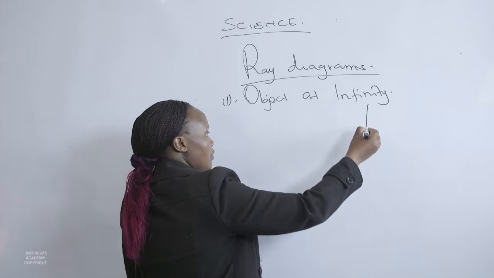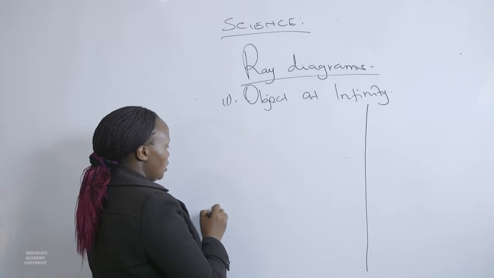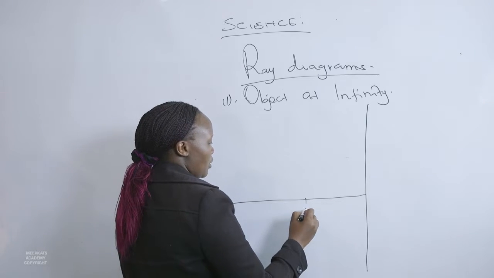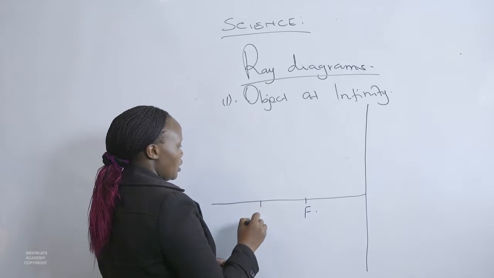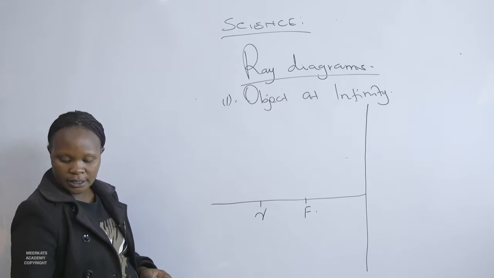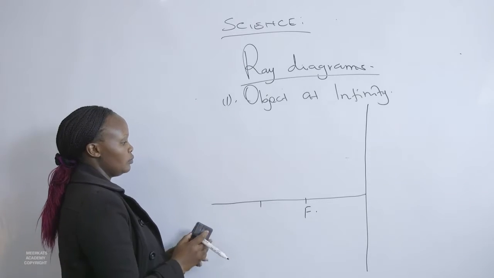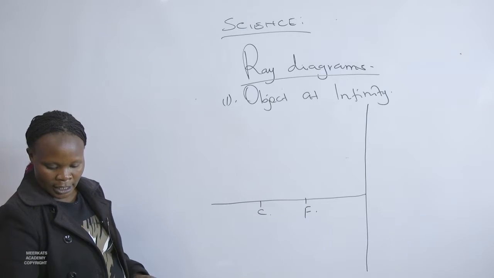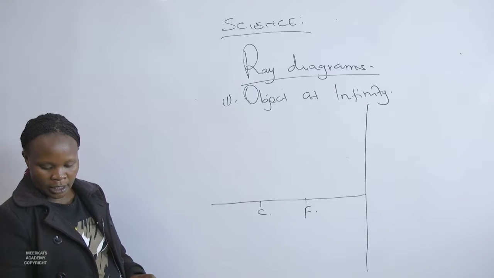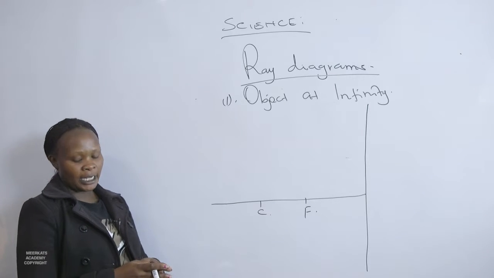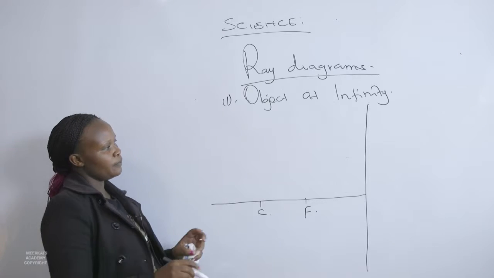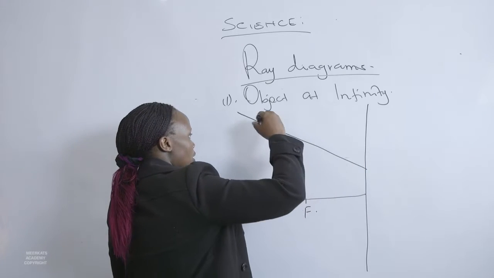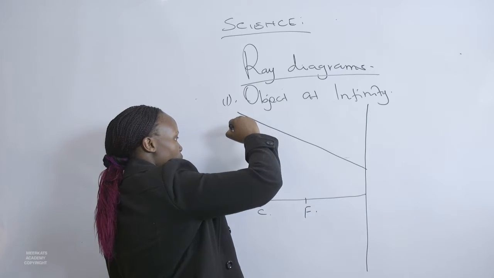Then we shall have our reflecting surface. We have our principal axis with our F. Then we have our C. Then we consider an object at infinity, so that now we have some rays coming from a distant object.